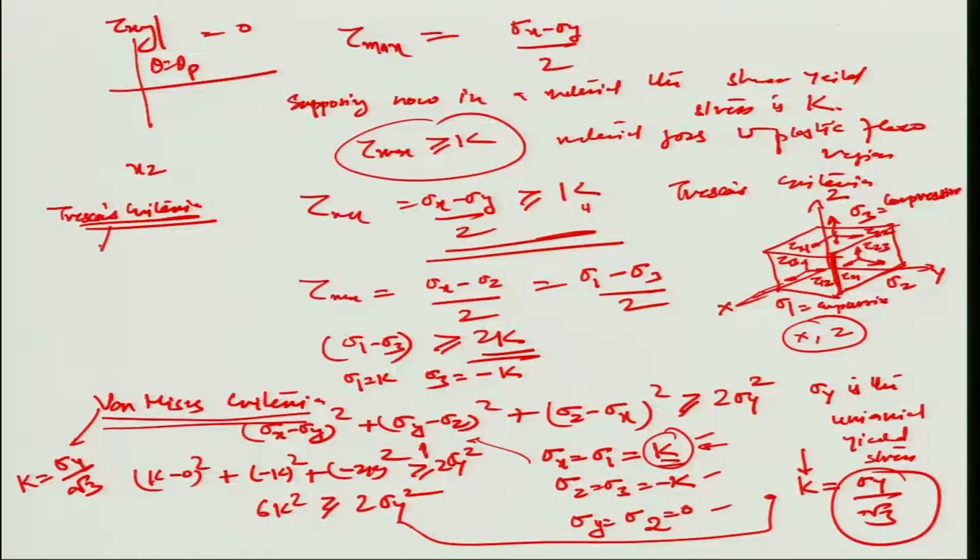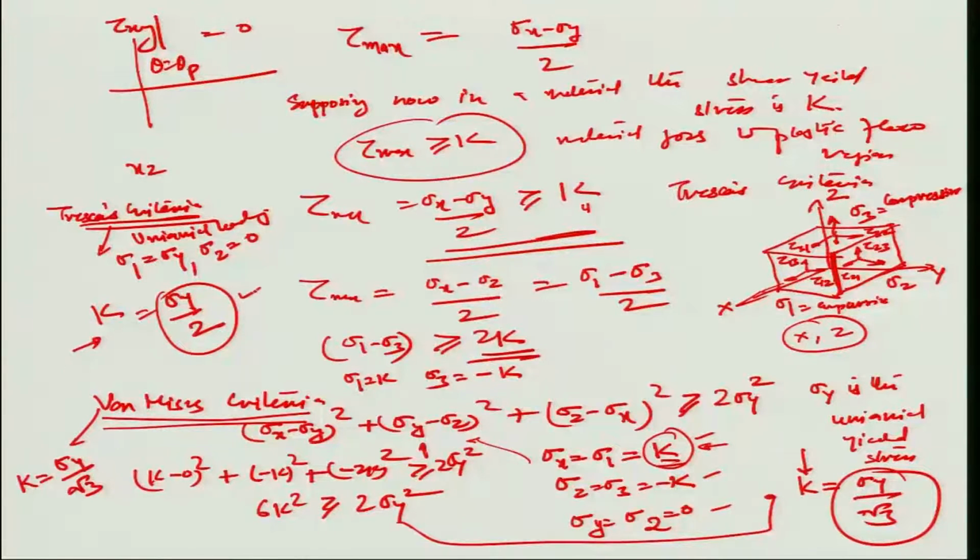In the Tresca case, if we apply the same formulation, in the plane strain case you simply can have that one of these sigma 1 is equal to, let us say, the uniaxial stress sigma Y, okay, and you could actually have this sigma 2 to be equal to 0 in uniaxial loading, and you could have the k to be equal to sigma Y by 2, okay, for the plastic flow to happen.